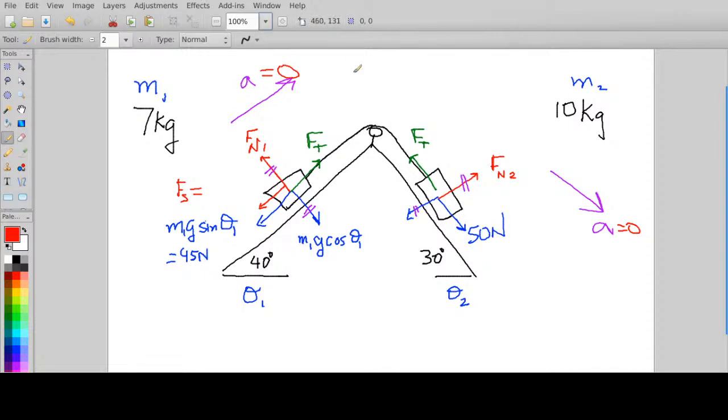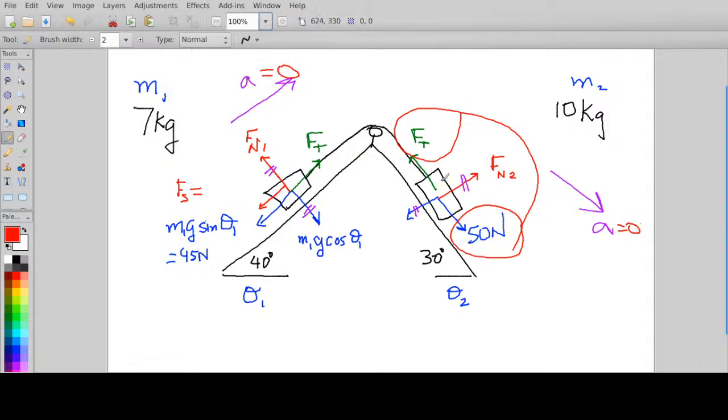So what does that mean? Well, Newton's first law says if the acceleration is 0, what does that tell you about the forces? They have to all add up to 0. So we already know that the perpendicular forces on M2 add up to 0. But we didn't say anything about the parallel forces. Now, if this is 50 newtons here, what must this one be?